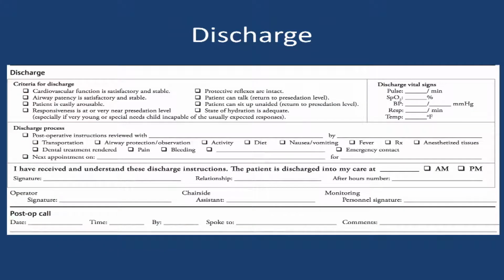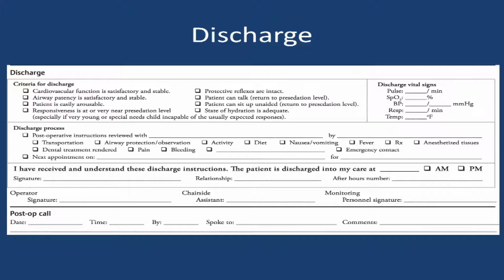The discharge has a portion on the dental chart to record the criteria for discharge. In this particular instance, cardiovascular function is satisfactory and stable. The protective reflexes are intact. The airway patency is satisfactory and stable. The patient can talk, return to pre-sedation levels.